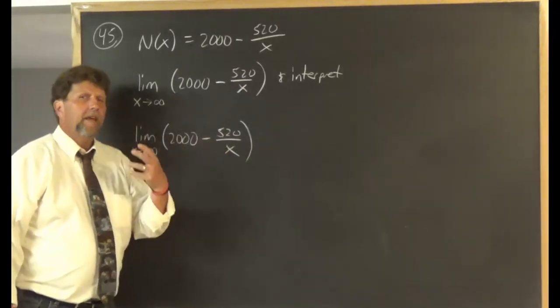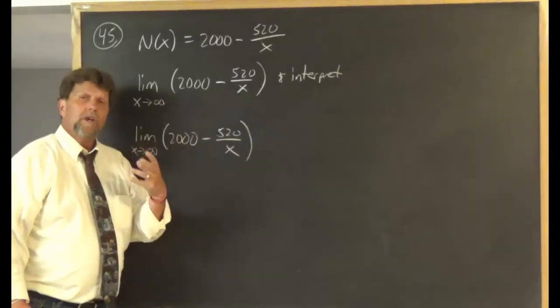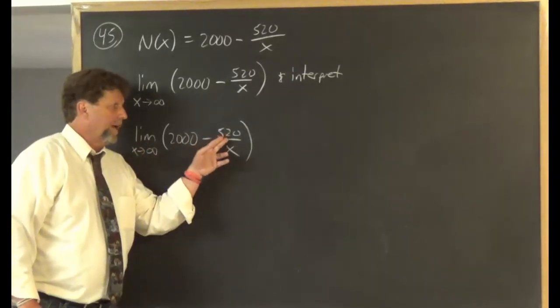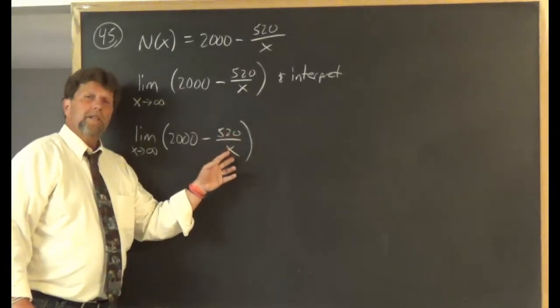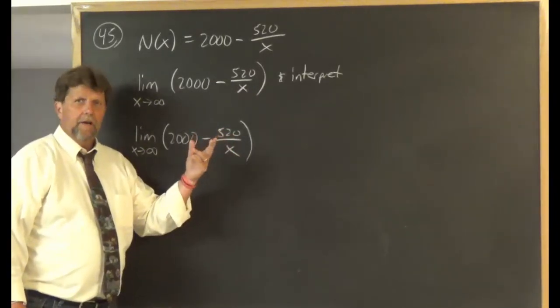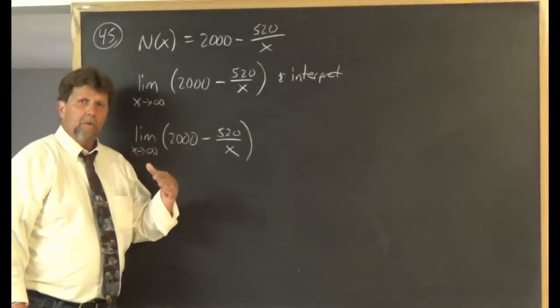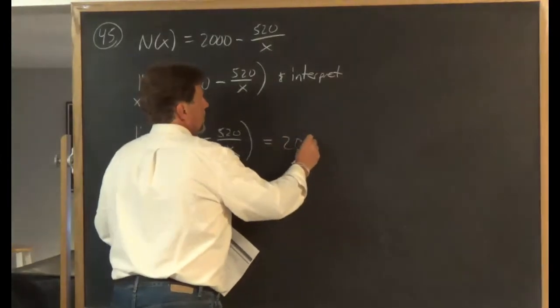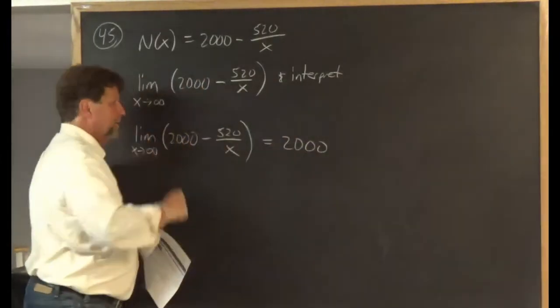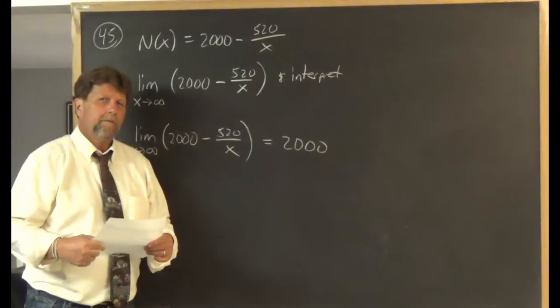Because if I think of it as the horizontal asymptote, what's the horizontal asymptote for 520 over x? Well, the degree of the numerator is 0, the degree of the denominator is 1. There you go. The horizontal asymptote is y equals 0. So this limit is 2,000. So now what does that mean?